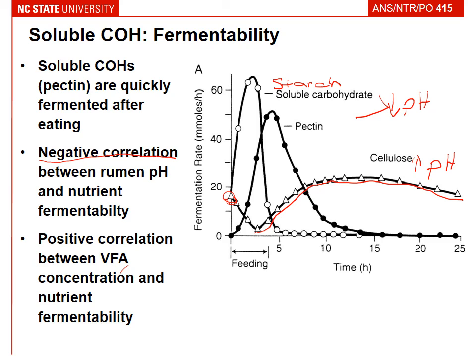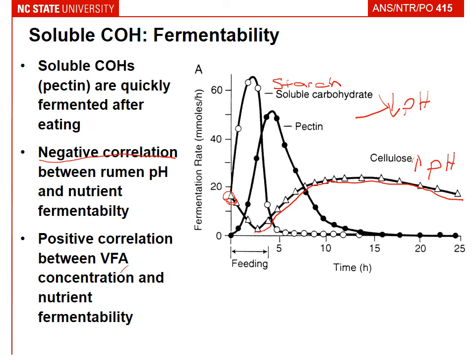And then we have a positive correlation between the volatile fatty acid concentration and the nutrient fermentability. If you remember previously with our starches, or our concentrate diets, our feedlot cattle, those volatile fatty acids, the reason why we do it, even though it's not all that great for the animal, is because they end up getting so much more energy out of it.